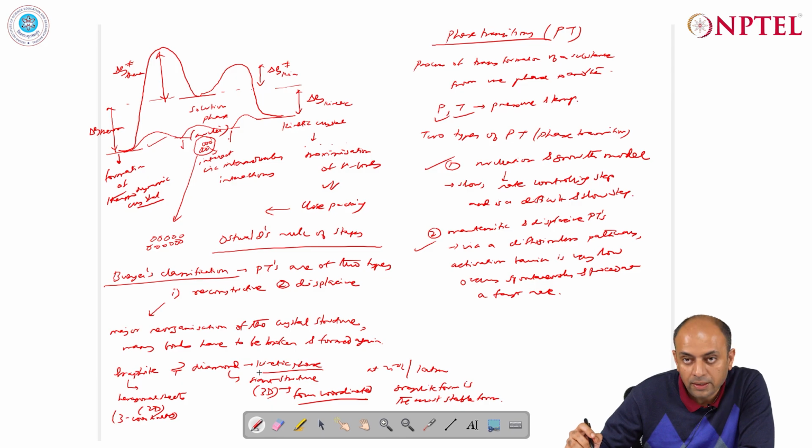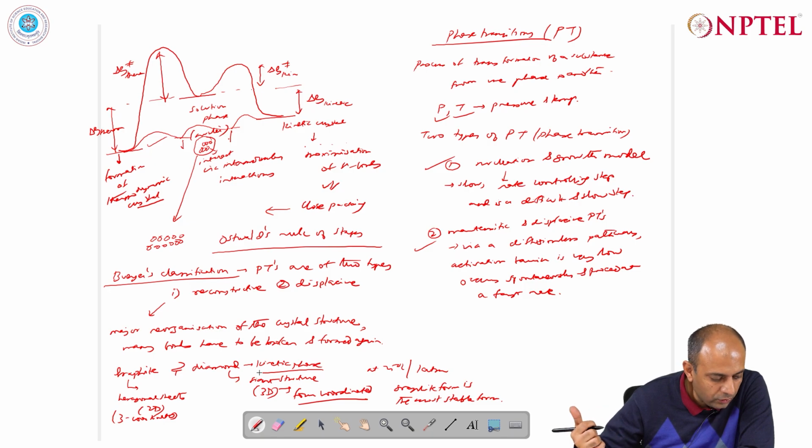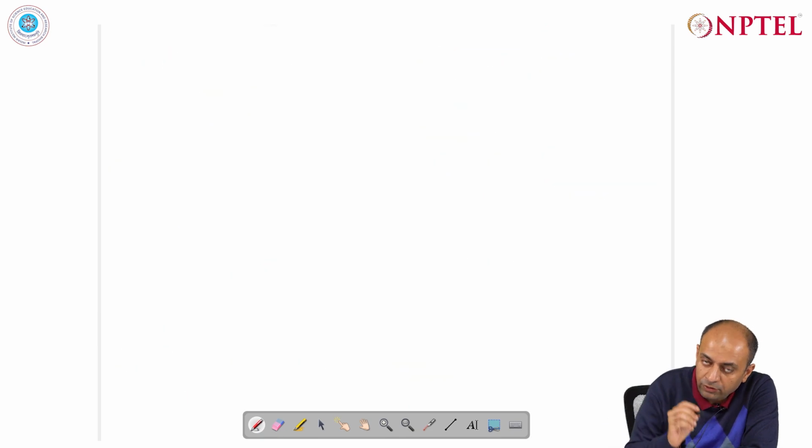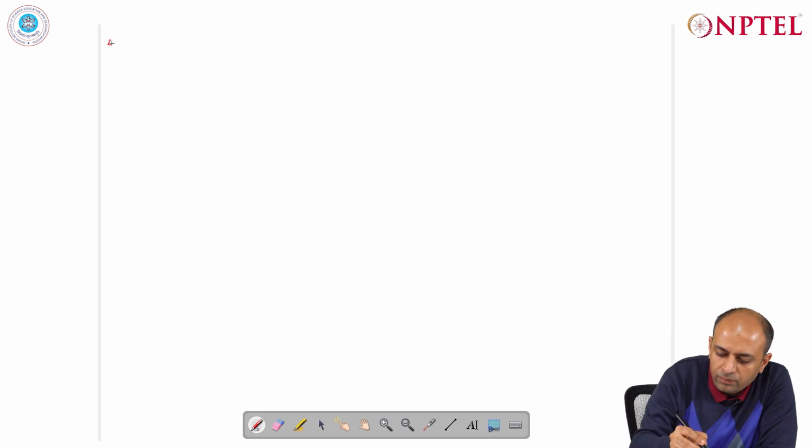So we know that there is a kinetic factor here which does not allow the diamond to graphite transition to take place. So that was about reconstructive phase transitions. Similarly, we can look at displacive phase transitions.